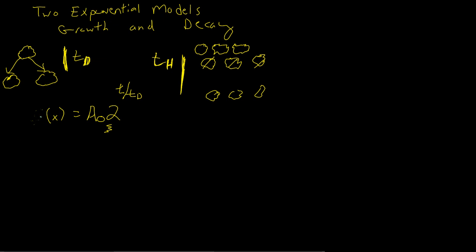So this will be function G for growth, and this will be function D for decay. And I have some original amount of substance that gets multiplied by 1/2 to the power of how much time has passed divided by the half-life. And that's a good functional model for it. But 1/2 as a base, we don't have as much tables for.